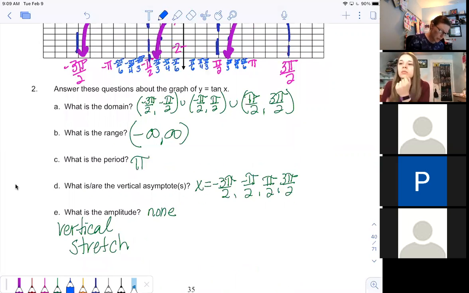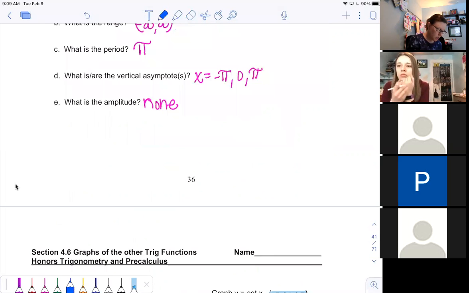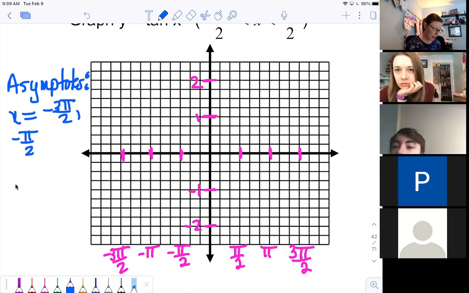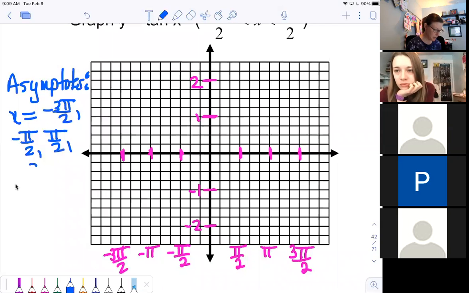So when we come down here to get a general sketch, we will have asymptotes at any pi over 2 value. So I should have one at negative 3 pi over 2, since we're graphing all the way to negative 3 pi over 2. Negative pi over 2, positive pi over 2, and positive 3 pi over 2. So tangent's asymptotes are always at any pi over 2 value.